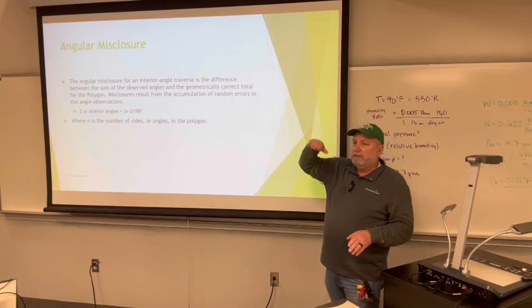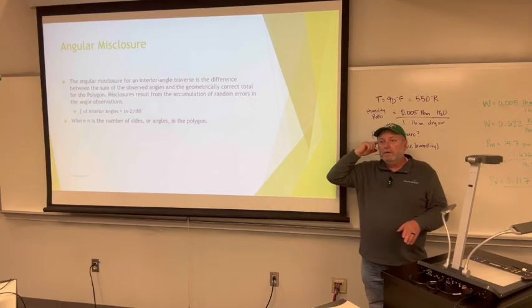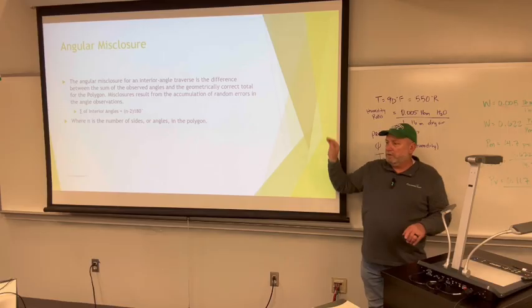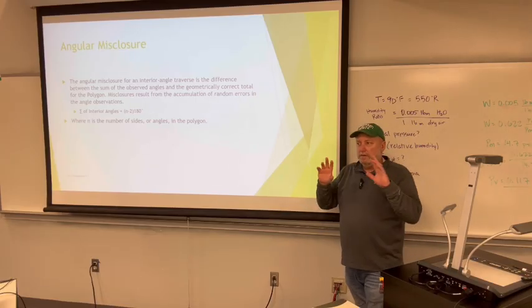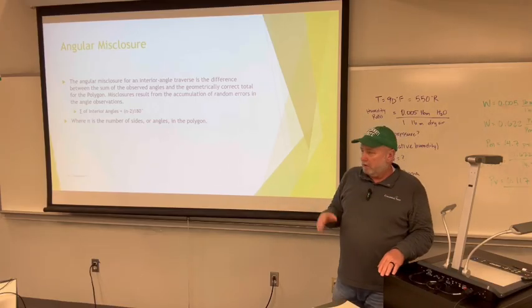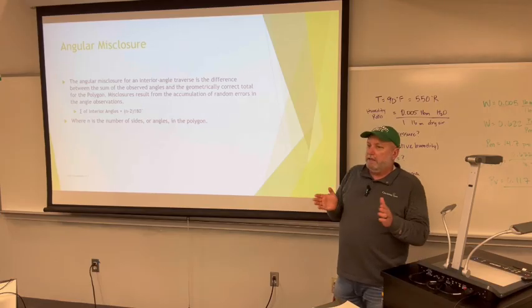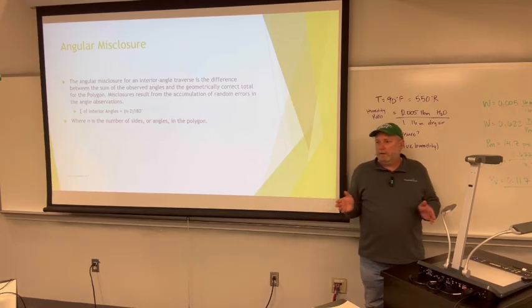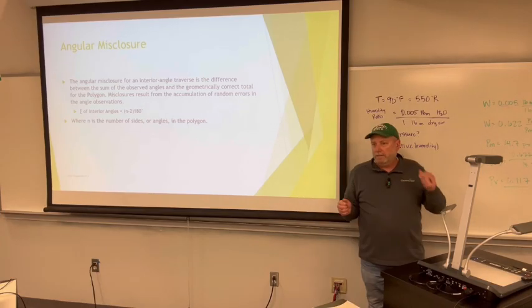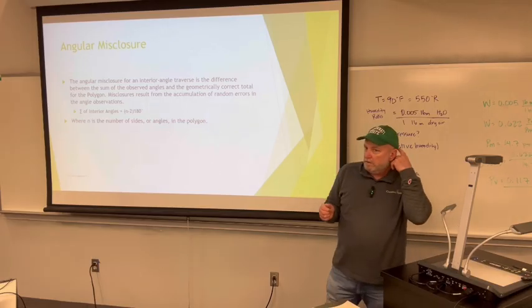We go around, we actually do the measurements ourselves. We add all those up compared to what we mathematically say it should close, and that difference is going to be our angular misclosure. Make sense? Questions?